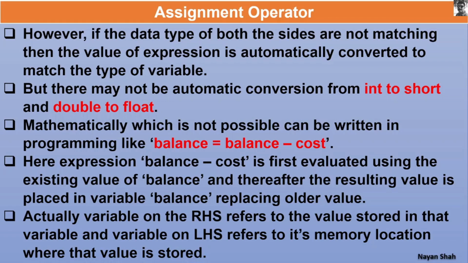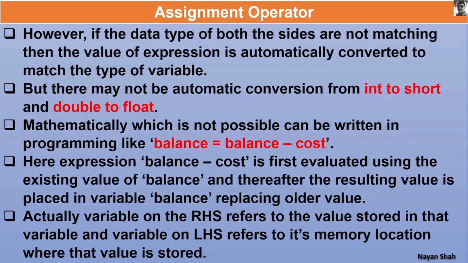Let us understand what actually happens. Here the expression balance minus cost, that is the expression on the right hand side, is first evaluated using the existing value of balance. Suppose the existing value of balance is 500 and cost is 100, then it will do 500 minus 100, and thereafter the resulting value is placed in the variable balance, replacing the older value on the left hand side.